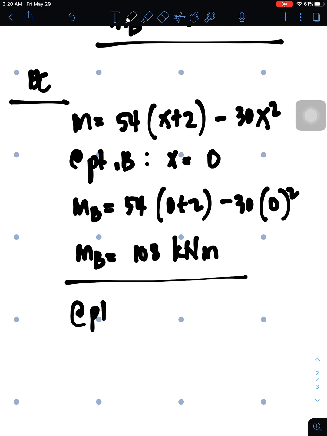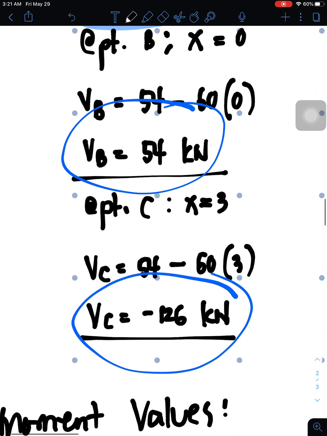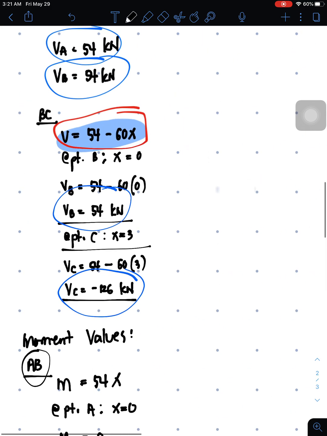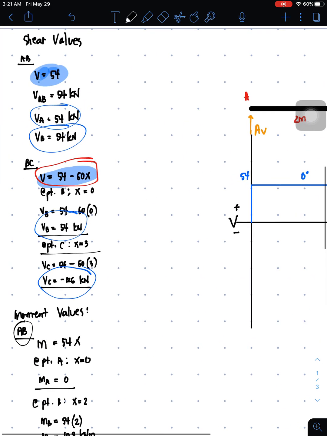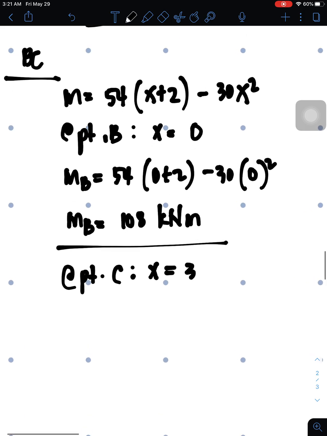And then let's proceed with point C. And that's x equal to the distance from B to C. Again, that's 3. Or kung makinamdum ka, you're using the same here in shear. No? Sa shear na siya. So, the same ra na sila diri ang pag-consider. Then, let's have MC.